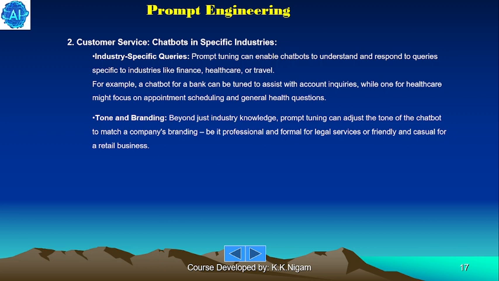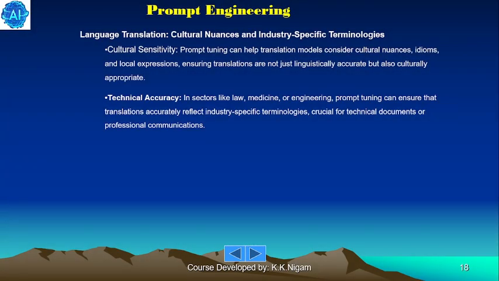Tone and branding: beyond just industry knowledge, prompt tuning can adjust the tone of the chatbot to match a company's branding, be it professional and formal for legal services, or friendly and casual for a retail business.